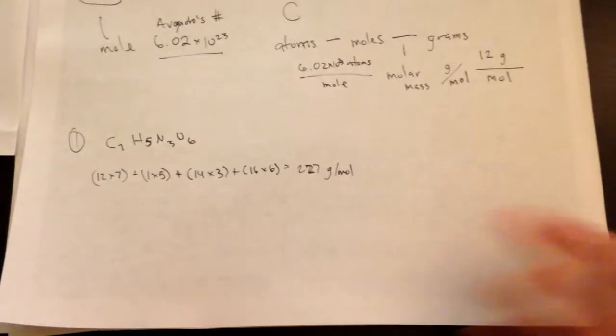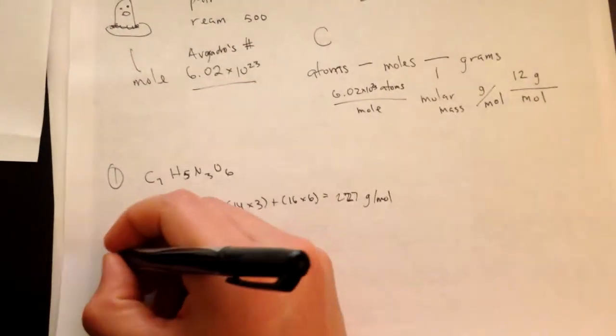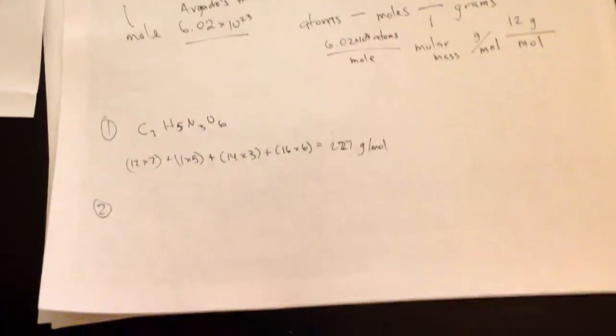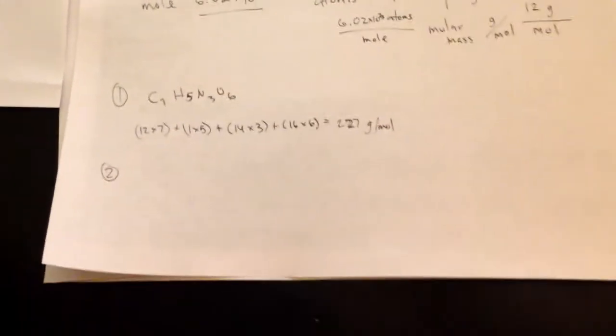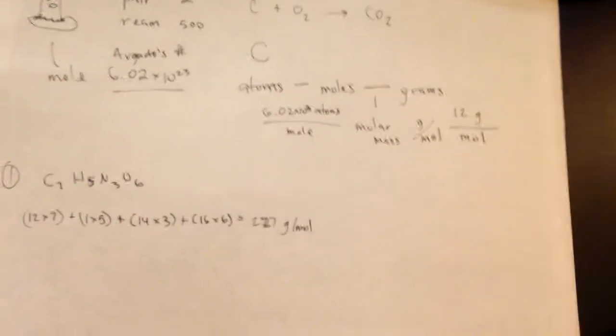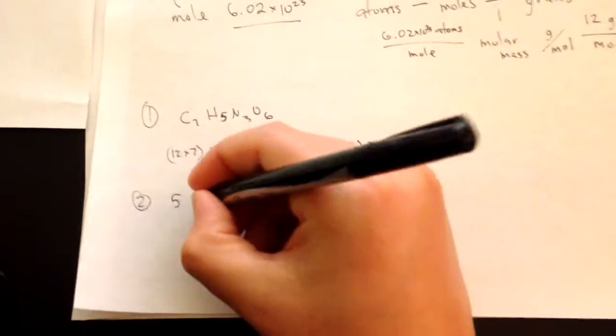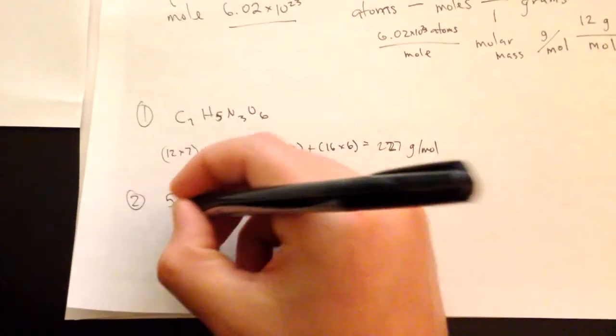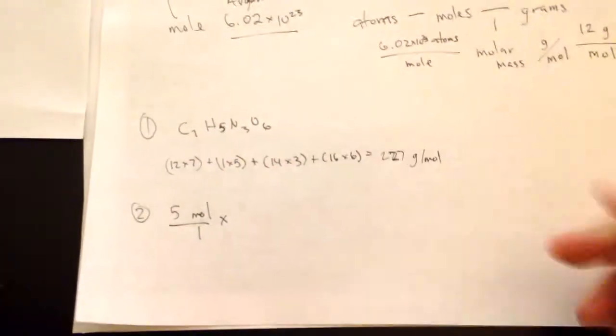And then the second one was how much does 5 moles of TNT weigh? Anytime I do a conversion, I always try to start with an actual number, not a conversion. In that problem, the number they give us is 5 moles, so I start with 5 moles, and then I need to convert to grams.